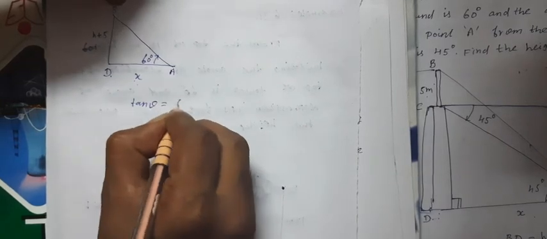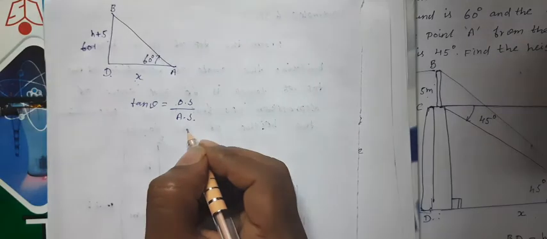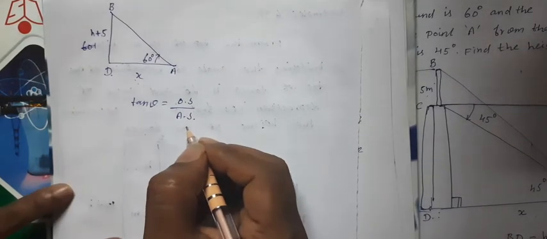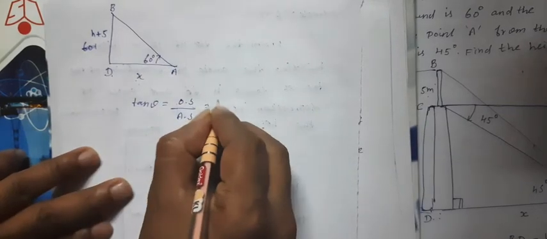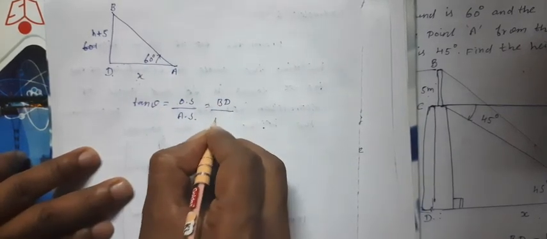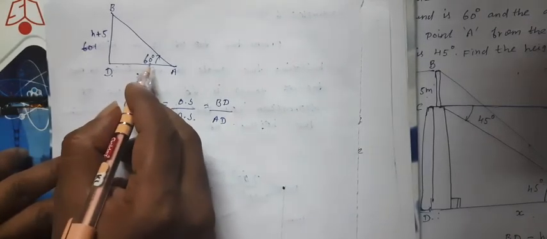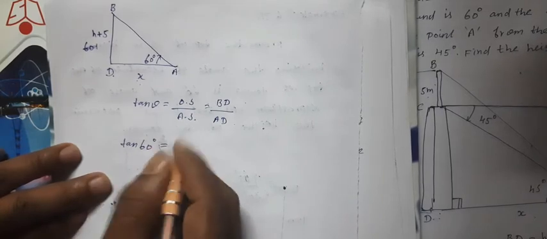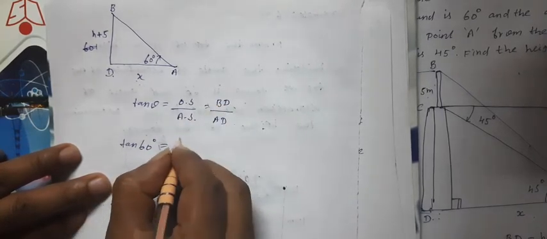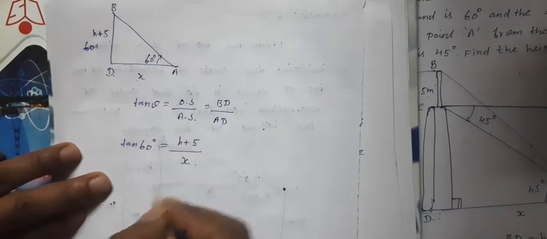Tan theta is equal to opposite side by adjacent side. Here the opposite side is BD and the adjacent side is AD, and theta is 60 degrees. So tan 60 degrees is equal to opposite side BD, h plus 5, by adjacent side x.